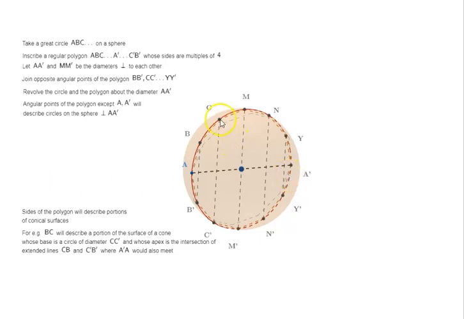Take any of these frustums and the segment of the circle; they have the same extremities. In the case of CBB'C', you have a segment of the circle, and you have this set of segments of the polygon. They both have the same extremity.